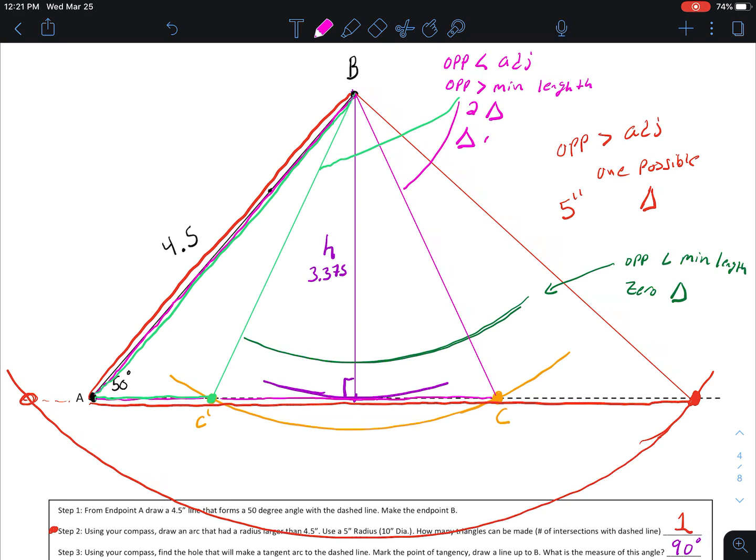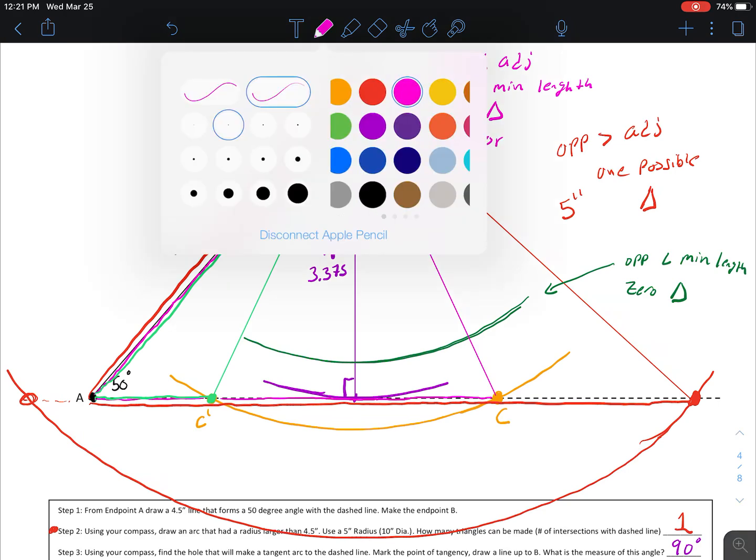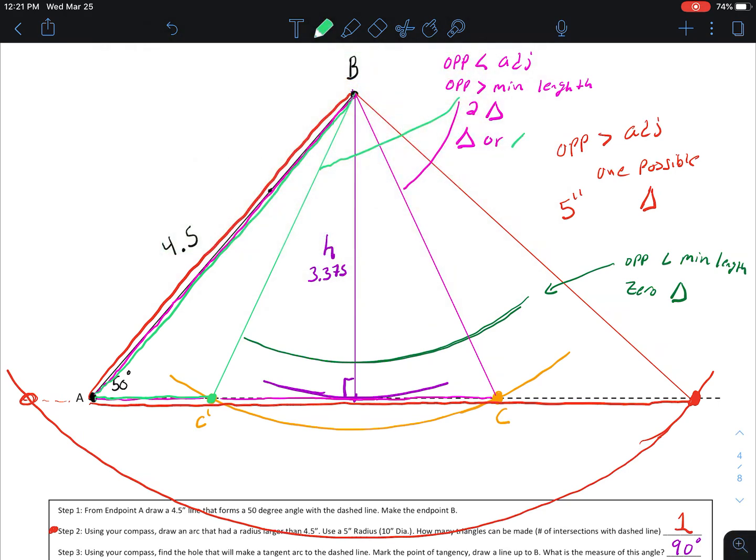We had the pink one, or we had this green one that I made.